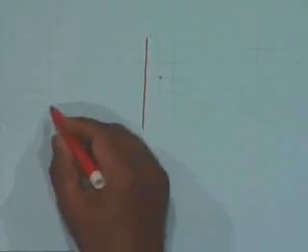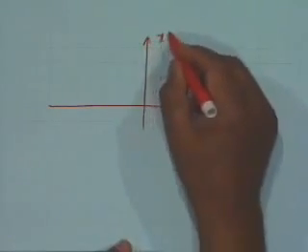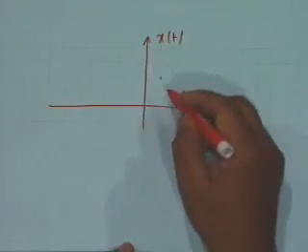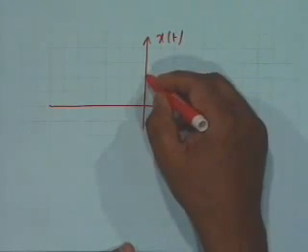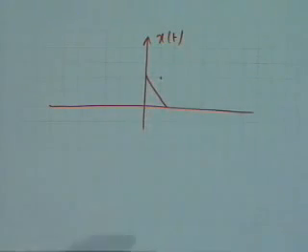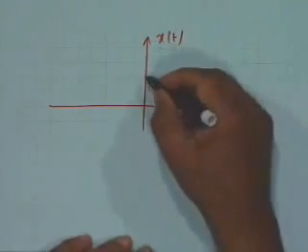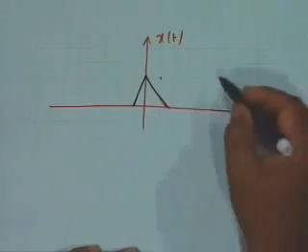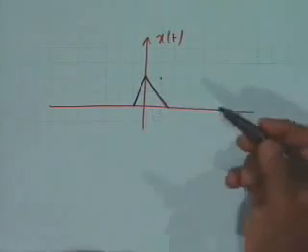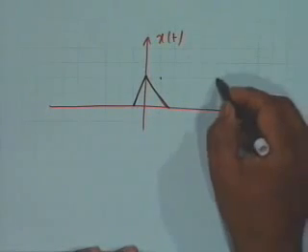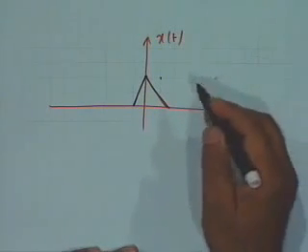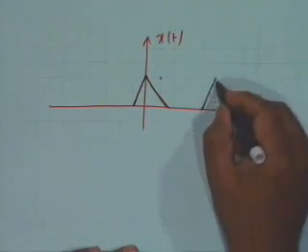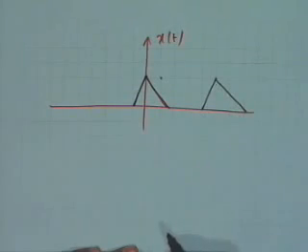Next we look at a signal, let's say x of t, which is like this. Let me use another color. Let's have a signal like this, and a signal which looks exactly the same, except that it's shifted either to the right or to the left.